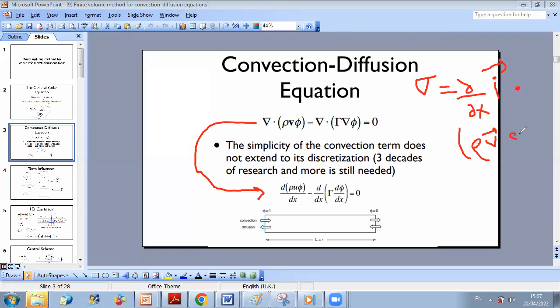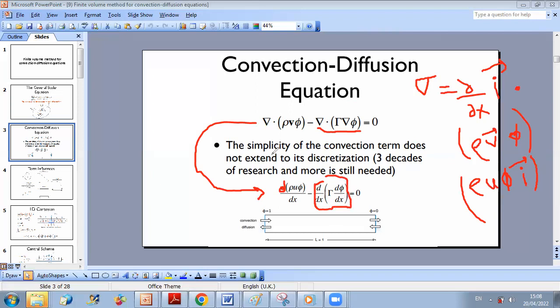Since it's a 1D problem, you have only velocity along x, so you can replace rho v phi by rho u phi along i. So when you do the scalar product, i dot i is 1, you get del rho u phi by del x. Here, because it's 1D, we can replace del by d. So d rho u phi by dx minus, if we apply the diffusion as we did in the previous chapter, minus d over dx times the diffusivity coefficient times d phi by dx equals 0.